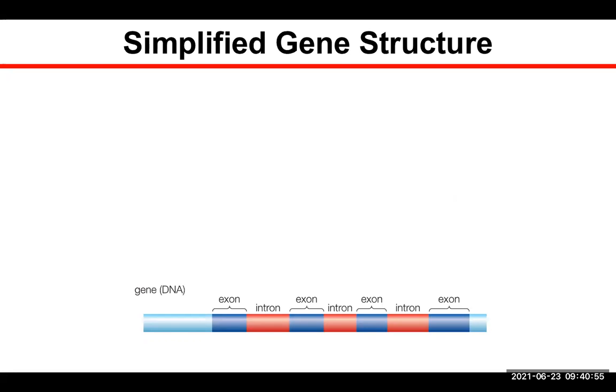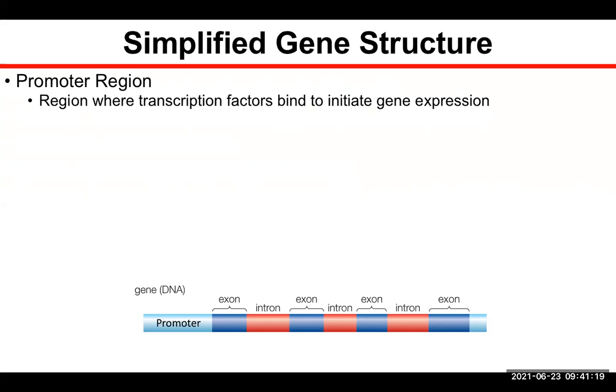I'm going to go ahead and talk a little bit about what the gene structure looks like, because it's going to be important when I'm referring to the actual process of DNA converting to RNA. A gene structure can be very complicated, so I basically highlighted only the main things that I think are important for you to understand so you can understand the subsequent slides.